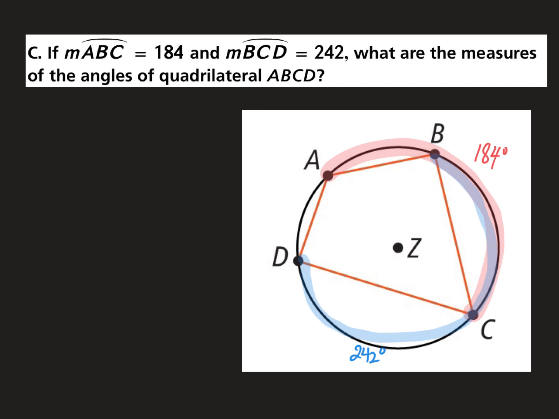So I would start with the angles that I have. So I know ABC, that 184 degrees, that's really subtending this angle right here. Okay, so that intercepts that arc. So I know angle D is half of 184. So I go back over here. This guy is 1/2 of 184 because of this 184 right here. Okay, so half of 184 is 92.